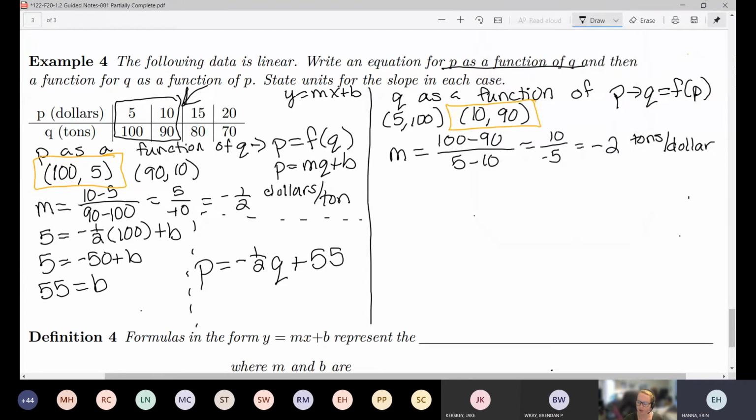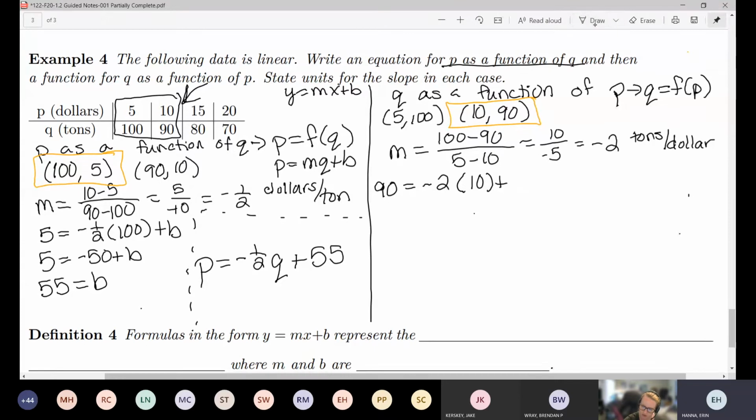So now I've got to put it into the y equals mx plus b form. So I've got 90 equals negative 2 times 10 plus b. My pen has decided to stop working real quick. Here we go. So 90 equals negative 20 plus b. Add 20 to both sides. 110 equals b. Again, you're not done.